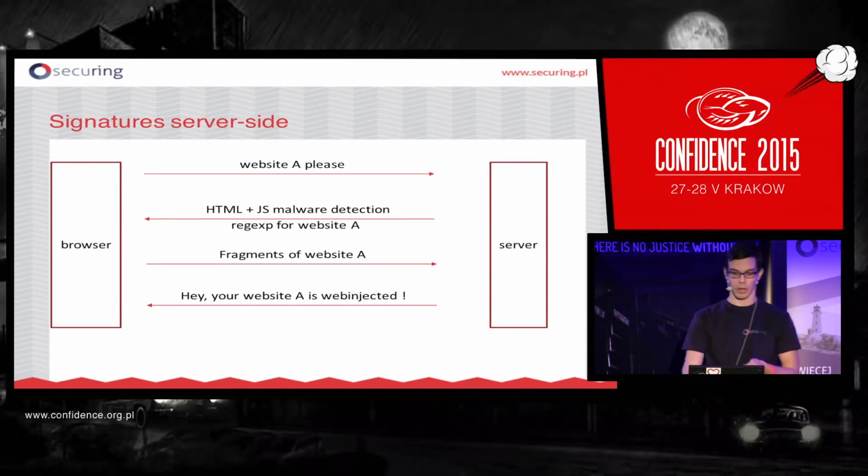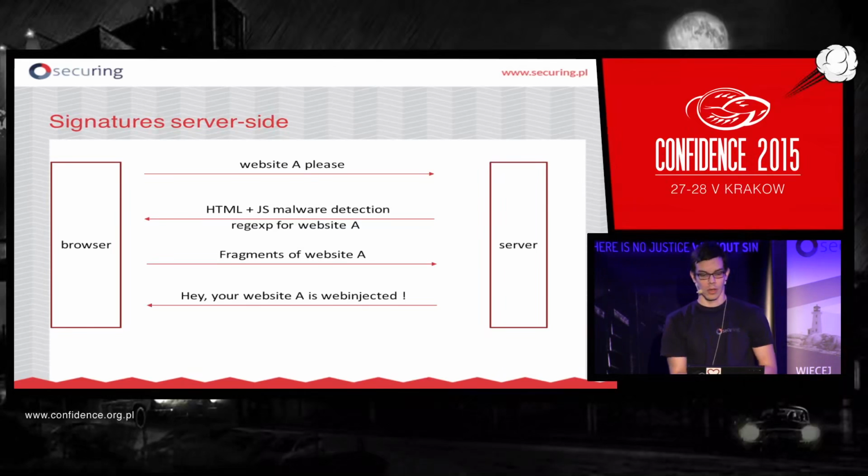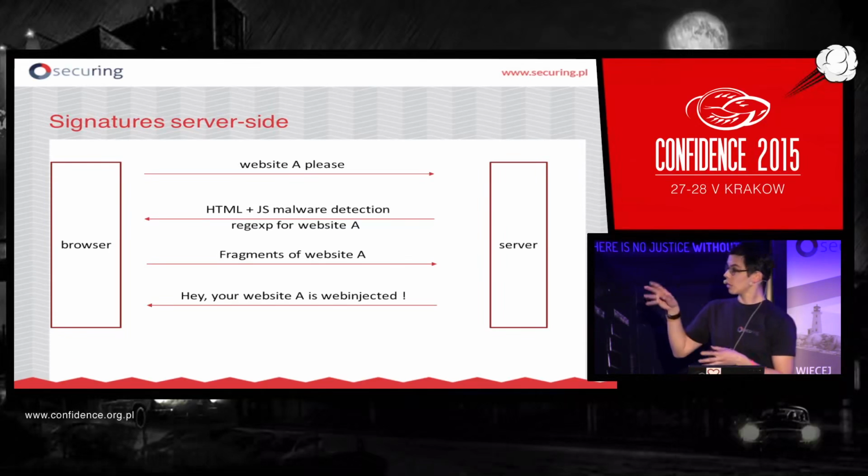Also, he got this detection script, whose signatures were really regular expressions which extracted parts of the rendered HTML site, and those fragments were sent back to the server to be analyzed. So here, maybe the signatures weren't easy to see, since some of the analysis was done on the server side, but still we know which parts of the website were analyzed here.